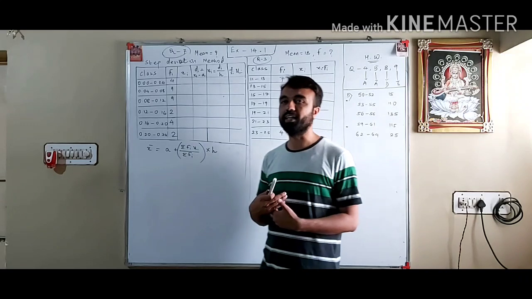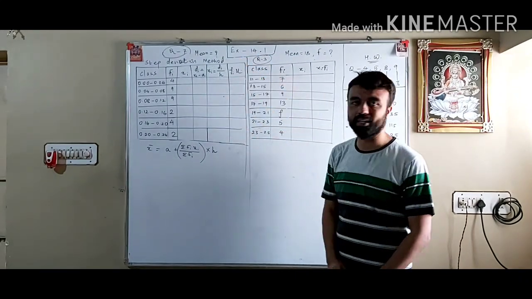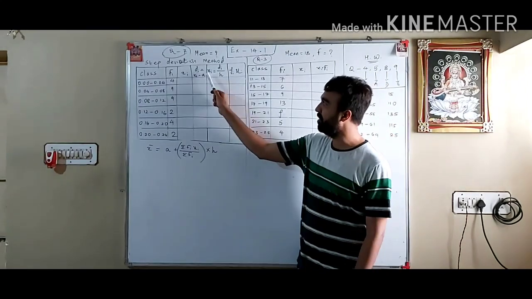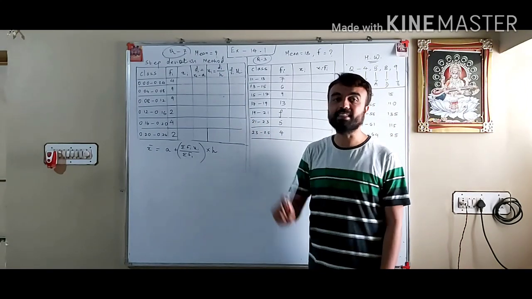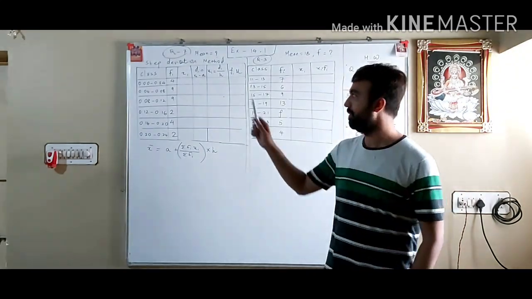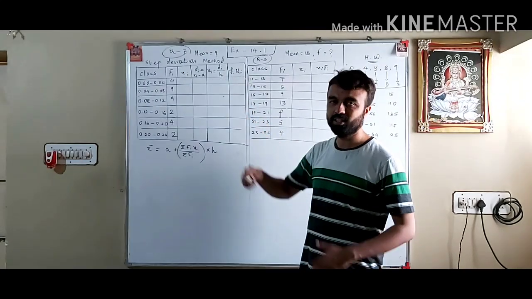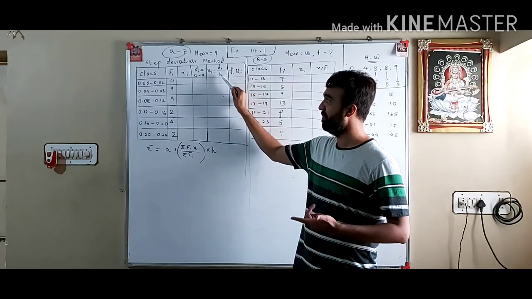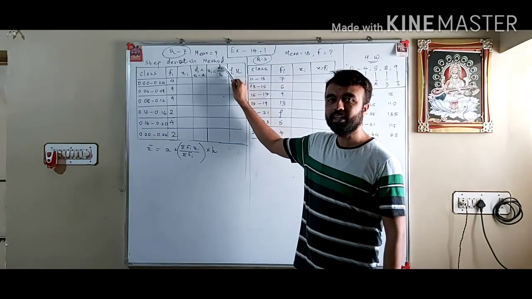What is Ui? The formula of Ui I had written over here in the table. To find Ui, you have to do di upon h. That is the whole link. If you want to find out ui, you need to do di by h. Then the question comes, what is di and what is h? What is di?